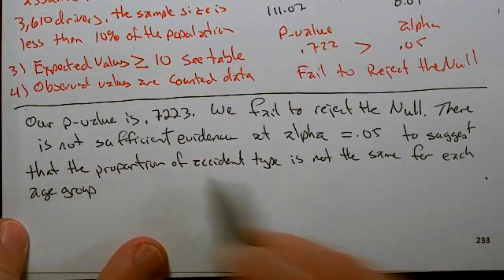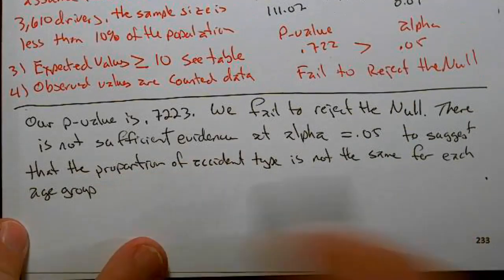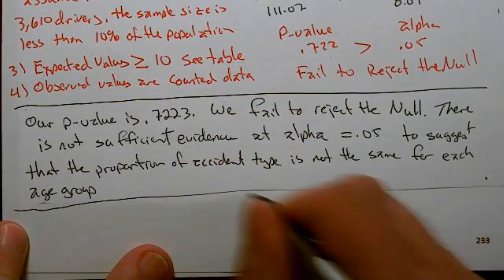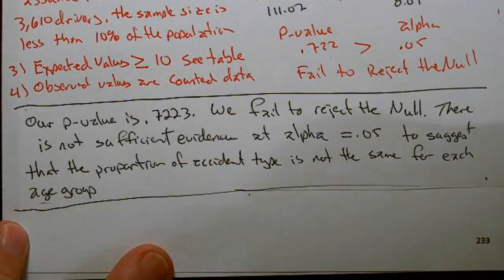This part, the proportion of accident type is not the same for each age group, that came straight from the alternative hypothesis. What does this mean in reality?